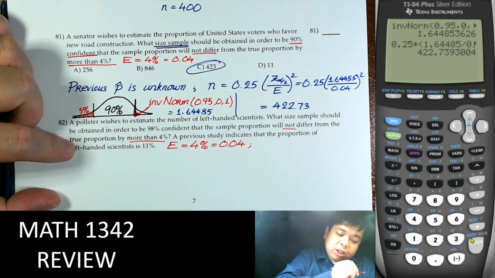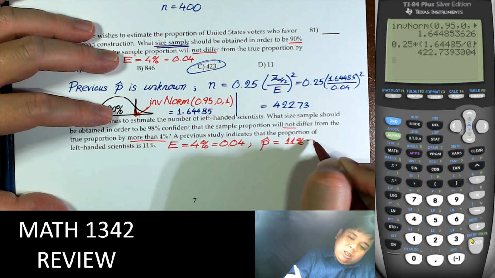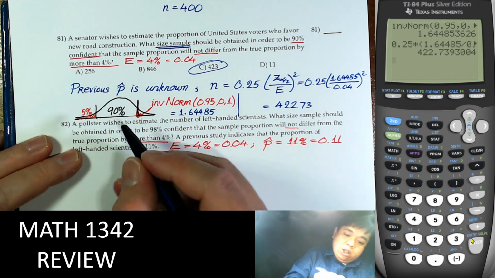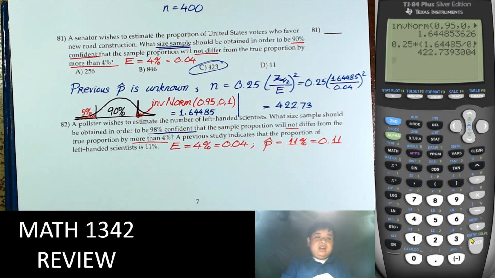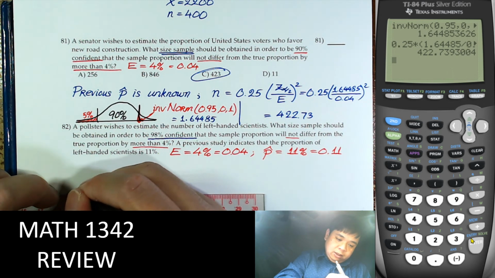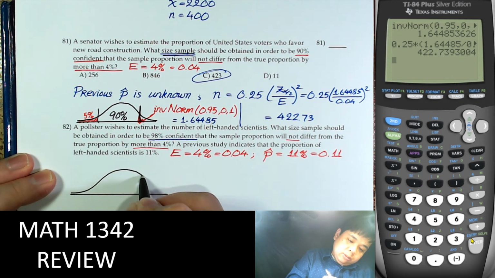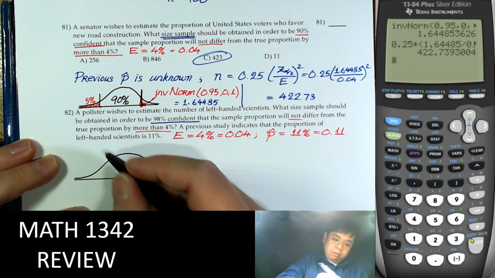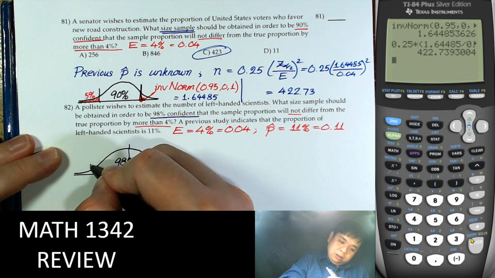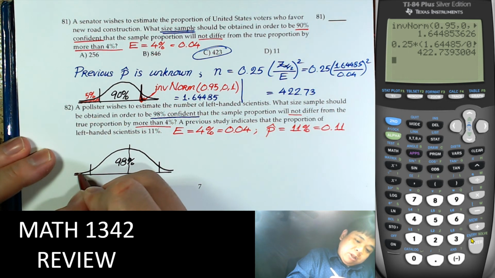Previous studies indicate that the proportion p is 11%, which is 0.11, and we have 98% confident. So based on this we have to find the z. We have 98% in the middle. That means 2% on the two tails, so one tail has to be 1%.